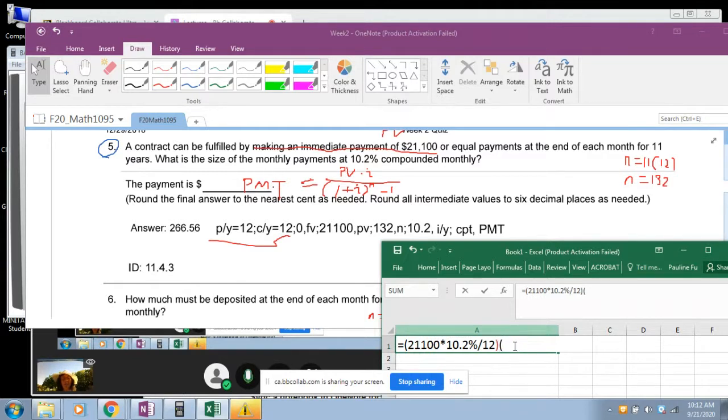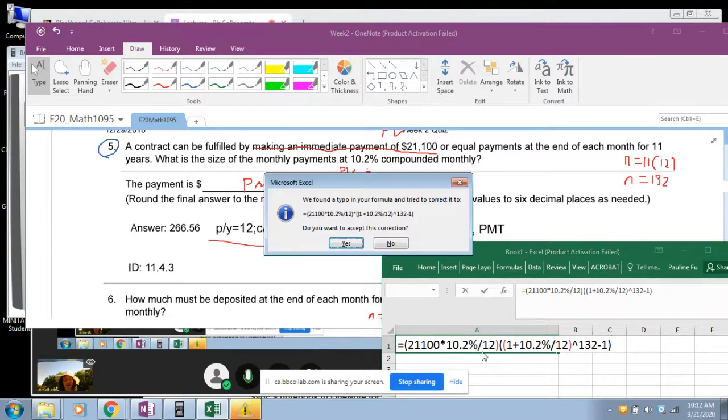Divided by denominator, you have opening bracket 1 plus I, where I is 10.2% divided by 12, raised to power n, which is 132, minus 1, closing bracket. So this is the formula.